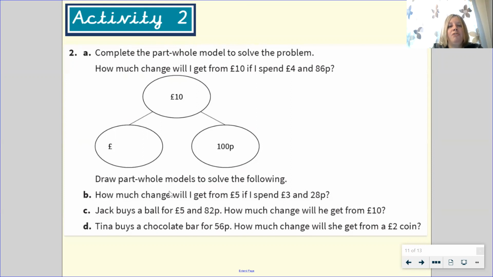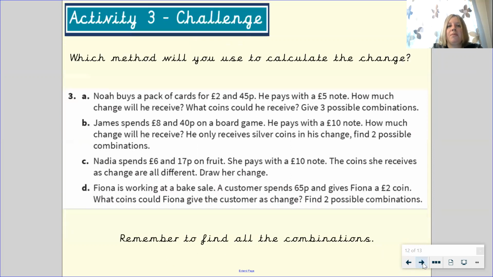Then I would like you to draw part-whole models to solve the following problems. Activity 3. Which method would you use to calculate the change? So you can use a number line or you can use the part-whole model.